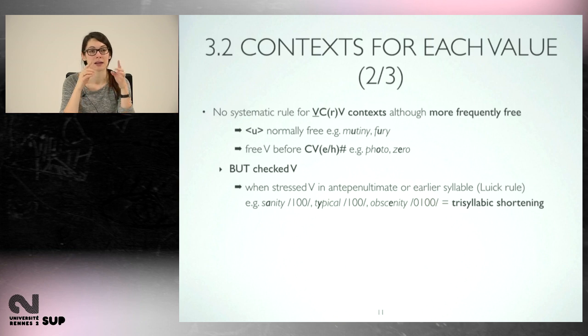And a way to make a syllable shorter than in other cases is to shorten the vowel. So that's why in words like sanity, typical, obscenity, you have short vowels, whereas in the original base form, you have a long vowel.